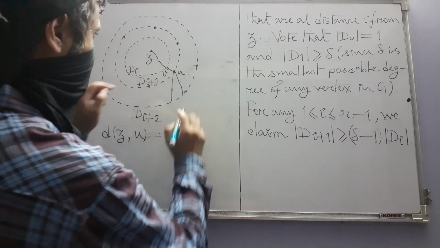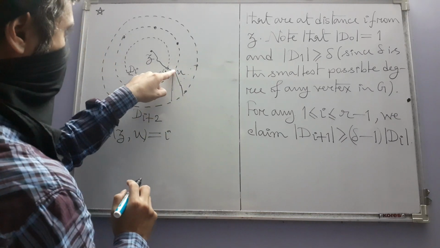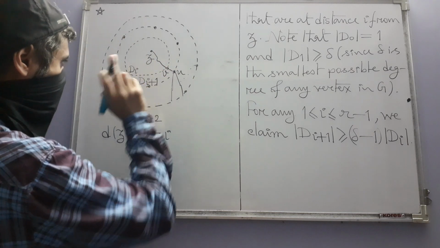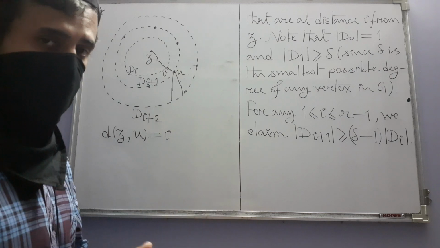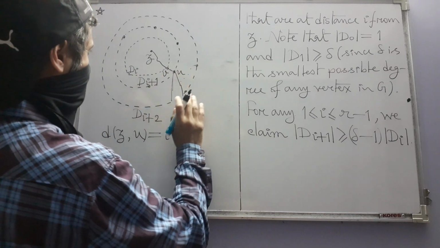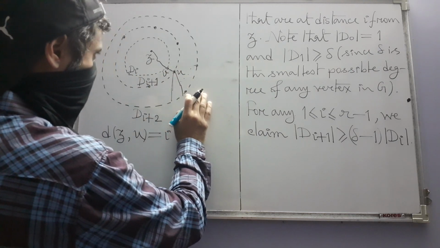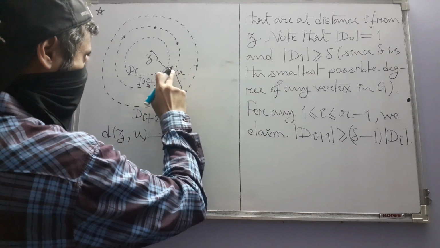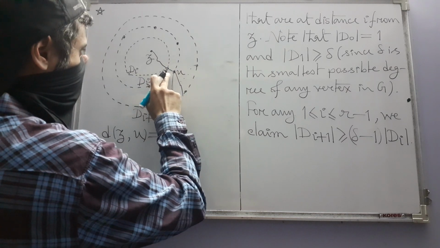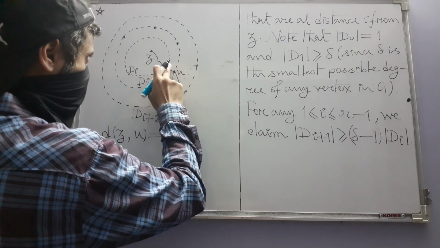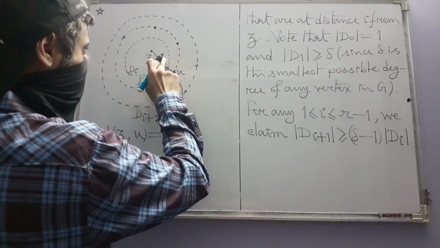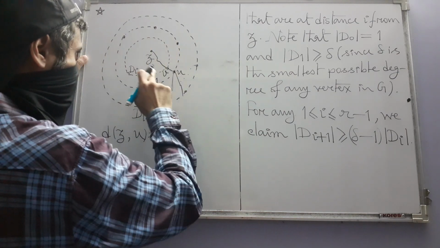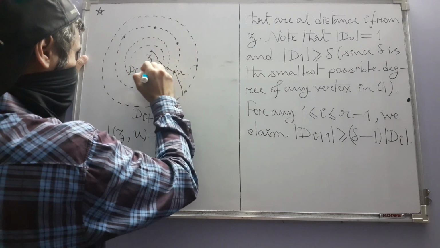That means U will be adjacent to some other vertex in that set d_i. In fact, in general that need not be true. What we are now supposing is that no vertex from a lower level is adjacent to U, so not necessarily only in the set d_i, but all the lower levels.